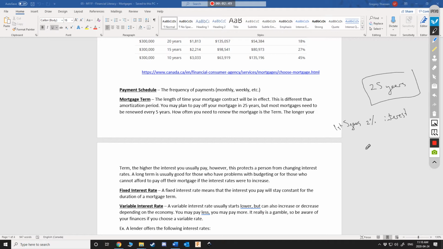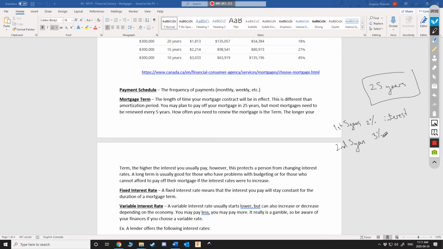This is where it can get a little risky with mortgages. What happens if the interest rates went up? You've been paying 2% interest for 5 years, and we saw how to calculate that in the previous day. After 5 years, we have to renegotiate that mortgage. But what happens if the interest rate increased? Well, you're out of luck.